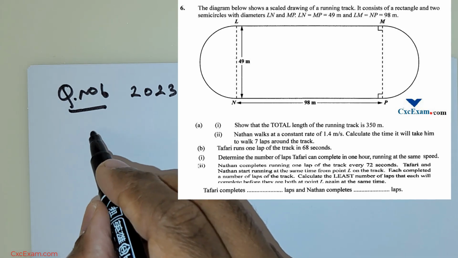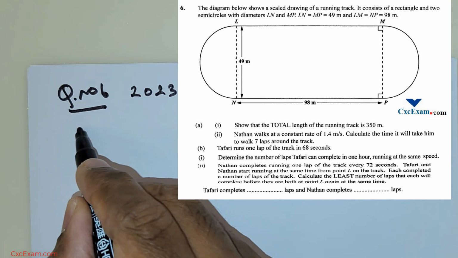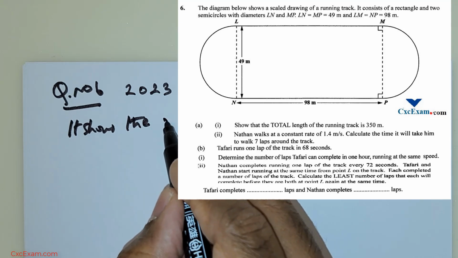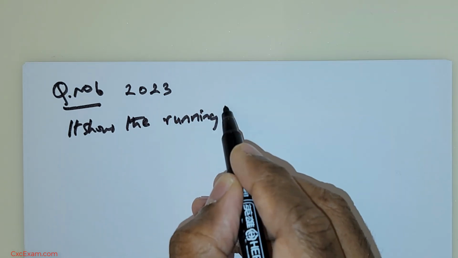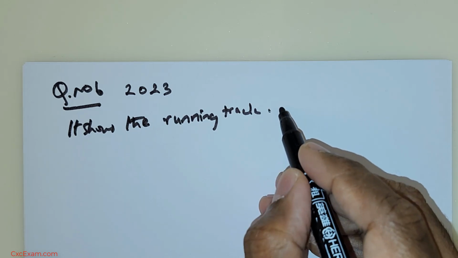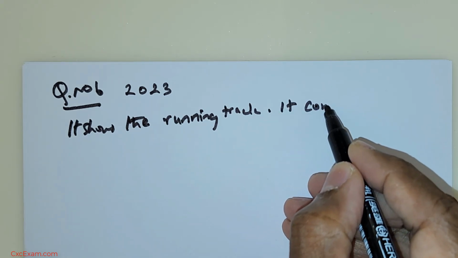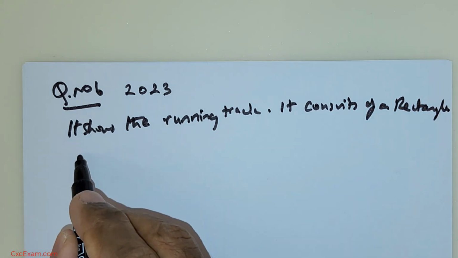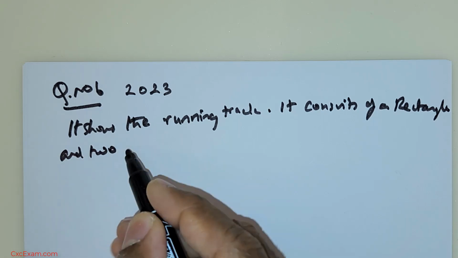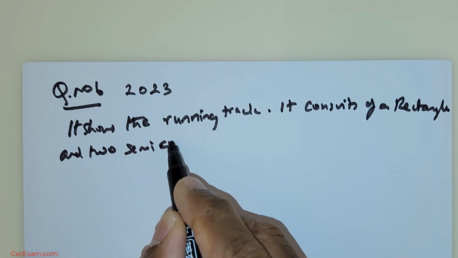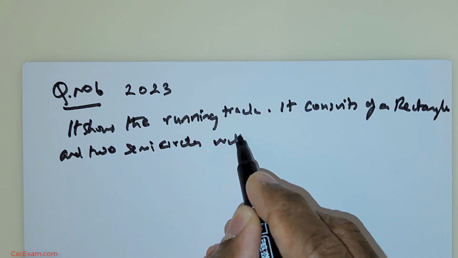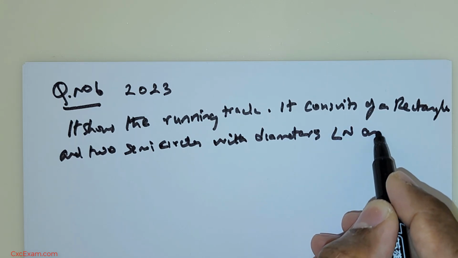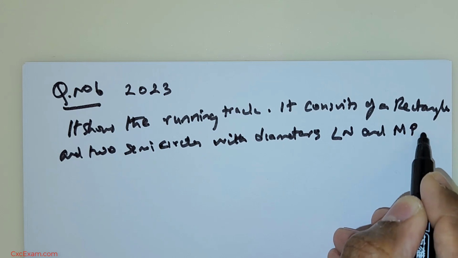So we've been given a diagram and it shows the running track, and it consists of a rectangle and two semicircles, with diameters LN and MP.